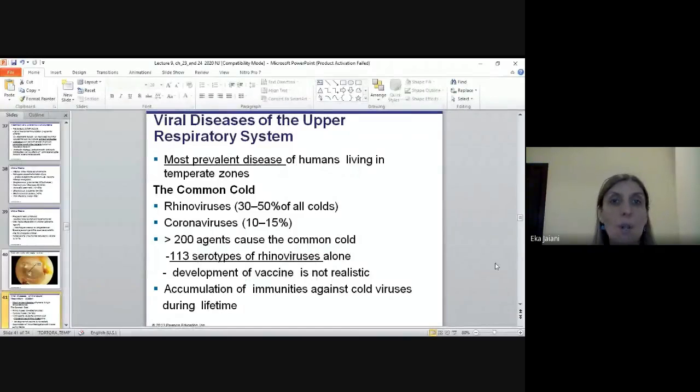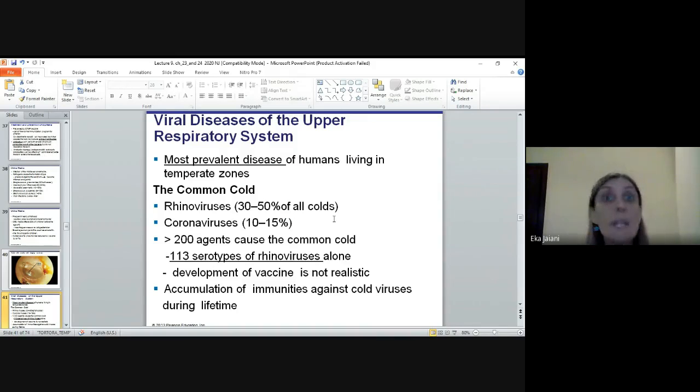So viral diseases of the respiratory tract are very common. Common colds are caused by many viruses. Common colds are a mild respiratory illness with a runny nose, cough, maybe sore throat, and fever is quite rare. There are many viruses like adenovirus, rhinovirus, coronaviruses, and enteroviruses that can cause common colds.